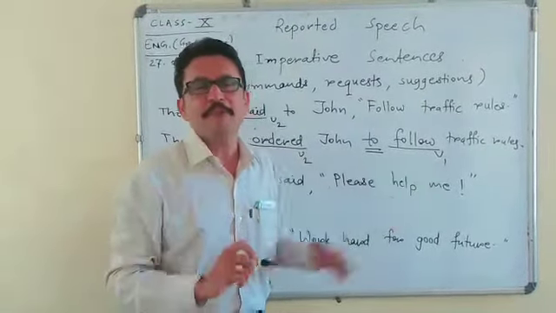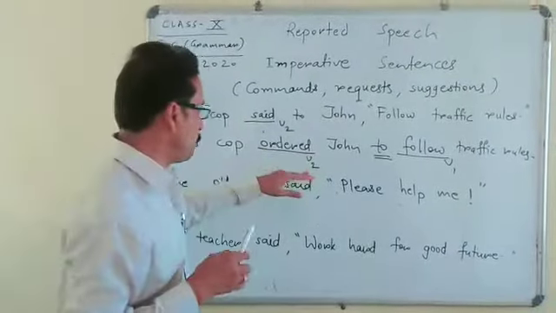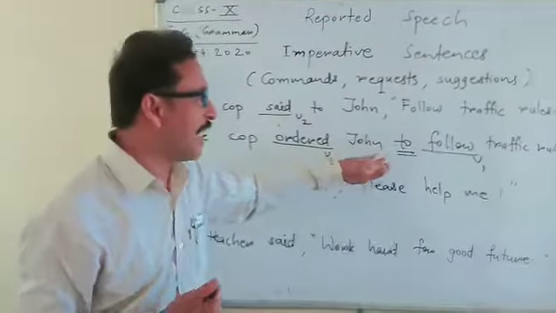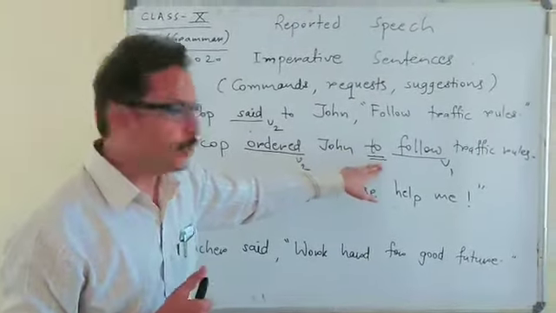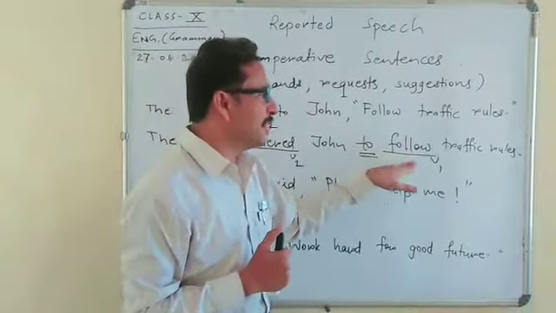So remember, whenever you convert imperative sentences from direct to indirect speech, after who said to whom, that is the reporting part, you should use to, and after to, you should write the verb and then the remaining words.